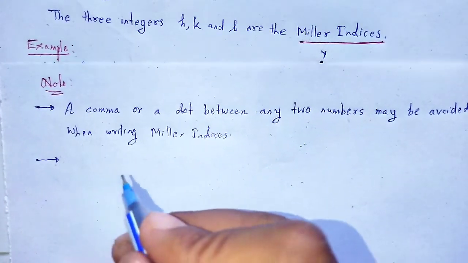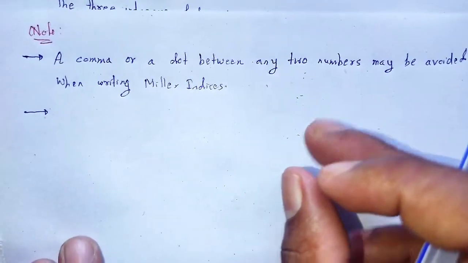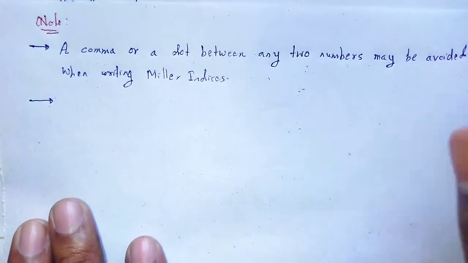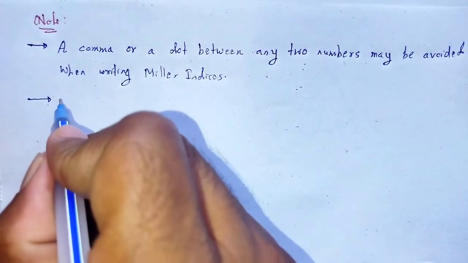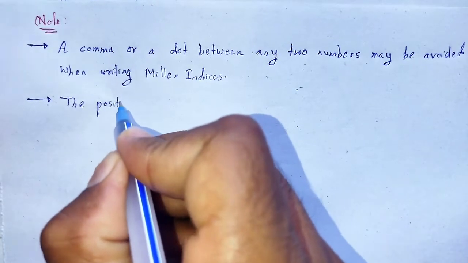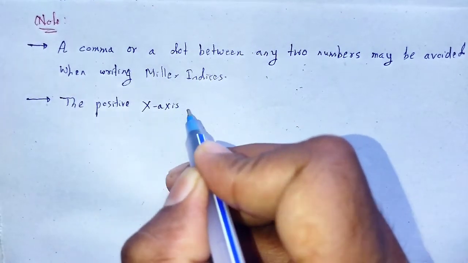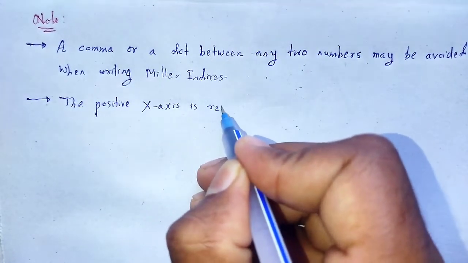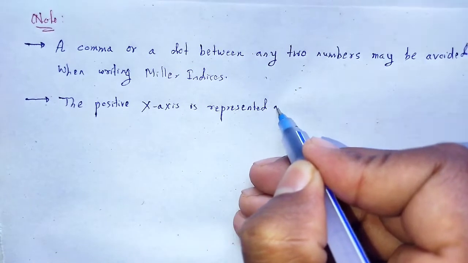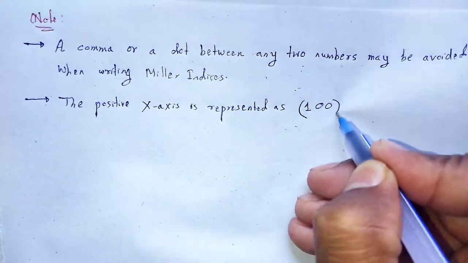Next point: when we take the Miller indices of the x axis, the positive x axis is represented as 1 0 0.